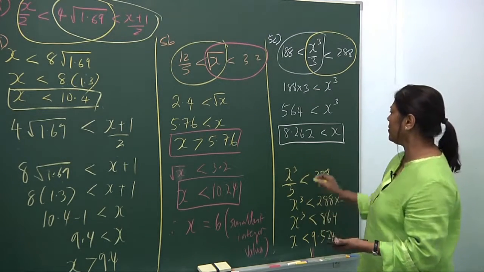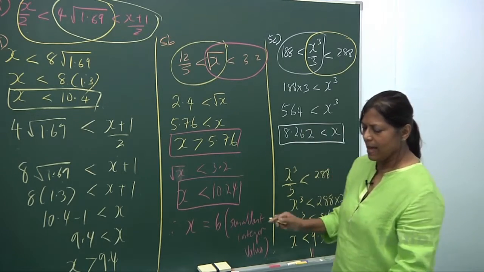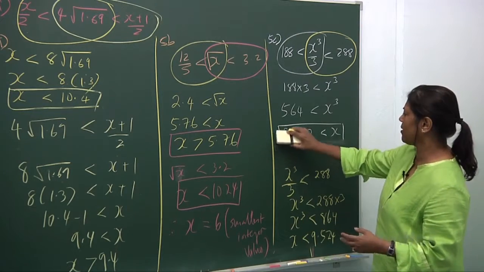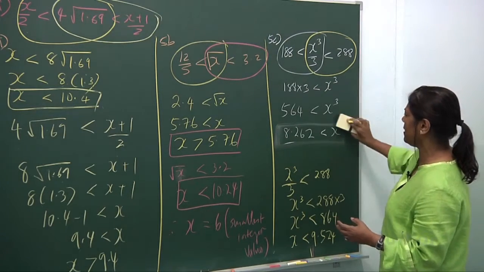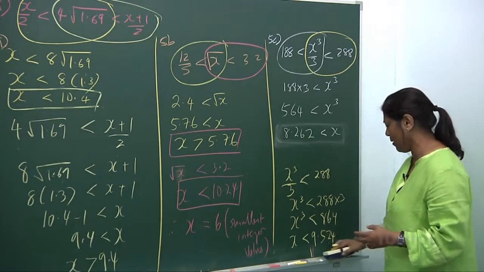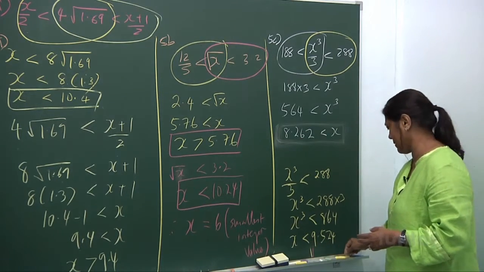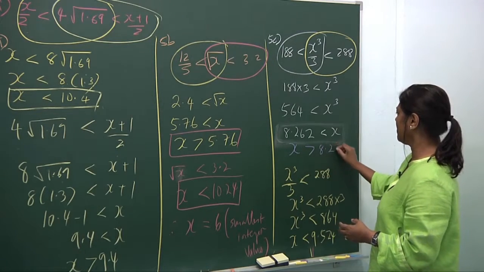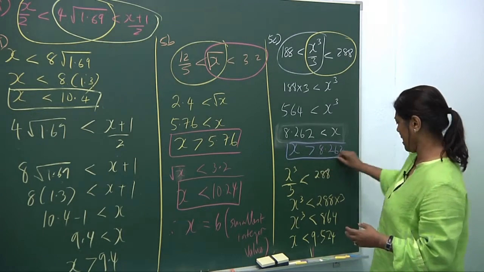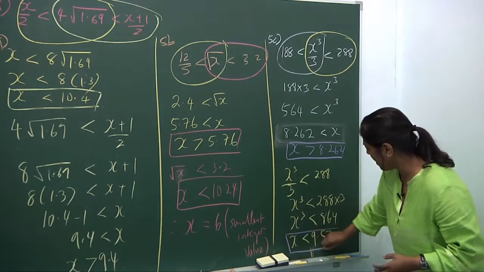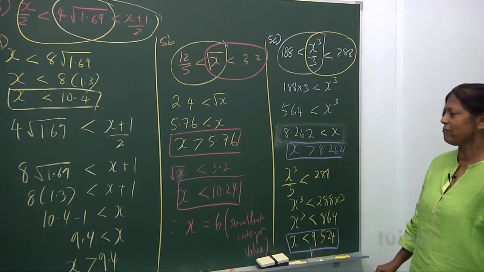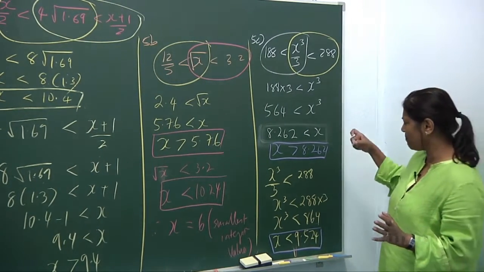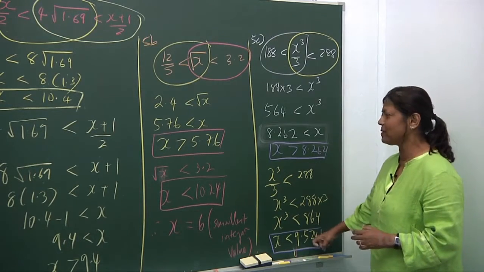Now you can see, when I write this, x is bigger. It's bigger, easier to see. When you say that x is smaller, it means that x is bigger than 8.262, and x is smaller than 9.524, and you want an integer value that lies between this value and this value.